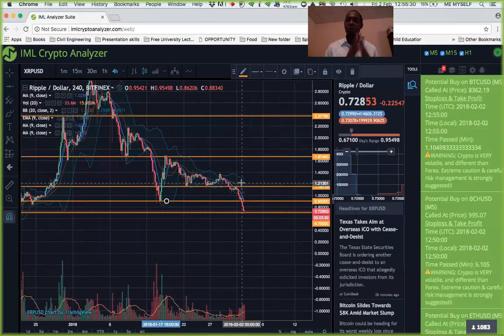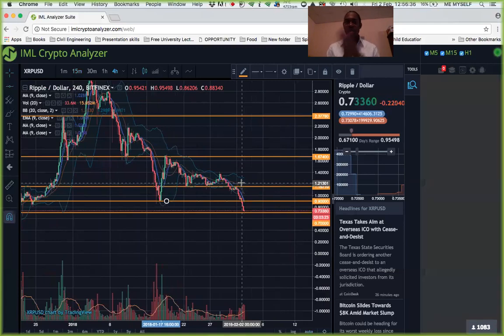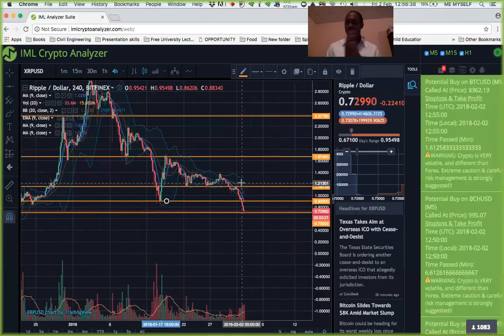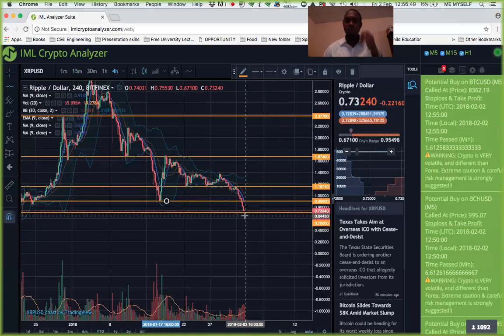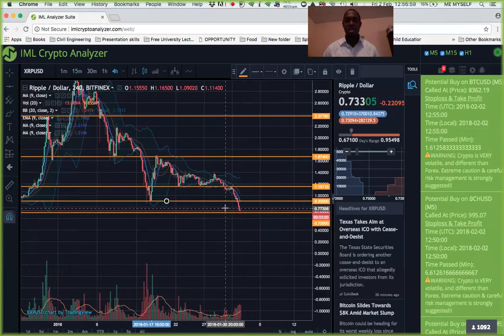For the last few days, I know Ripple has been trending downwards, and the only way it's going to change that trend is if it starts hitting your support resistance, your supply and demand zones. So at the moment, we are at a supply and demand zone, and it's a possible reversal zone. Now, it doesn't mean that it's going to reverse. It could still fall, but something is going to happen there.